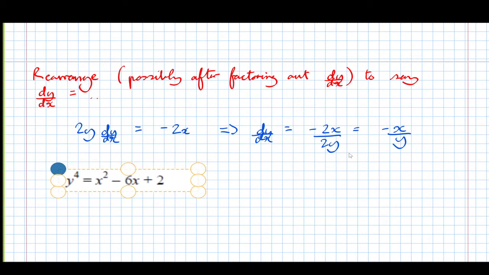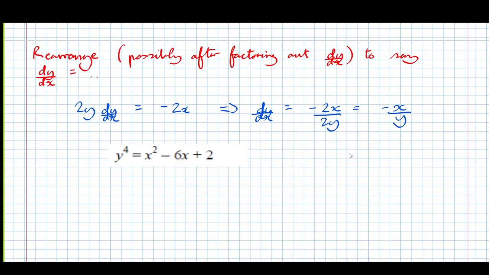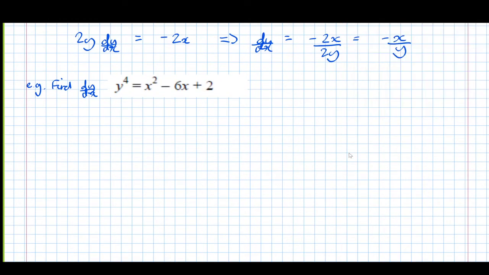There it is there. So the question is to find dy by dx.